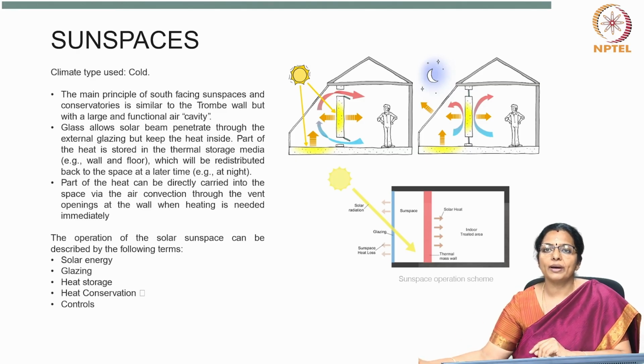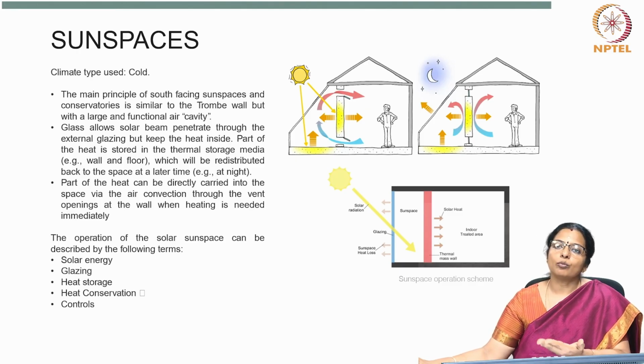Then you have opaque surfaces insulation. It is preferable to use no insulative material in the common wall so the heat flow to the interior is not impeded. The addition of insulation to the other opaque surfaces of the sun space such as walls, ceiling and floor can help to reduce the conduction heat losses.